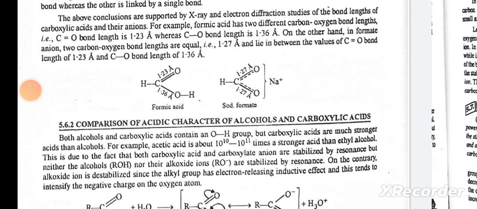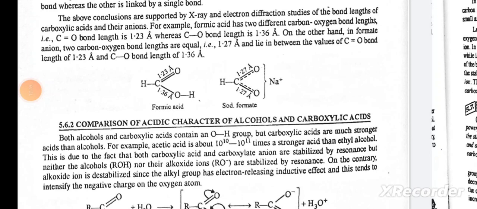The above conclusions are supported by X-ray and electron diffraction studies of the bond lengths of the carboxylic acids and their anions. For example, formic acid has two different carbon-oxygen bond lengths. C=O bond length is 1.23 angstrom, whereas C-O bond length is 1.36 angstrom.